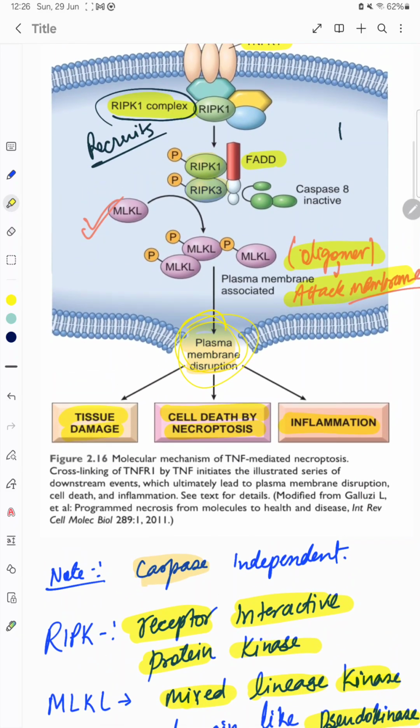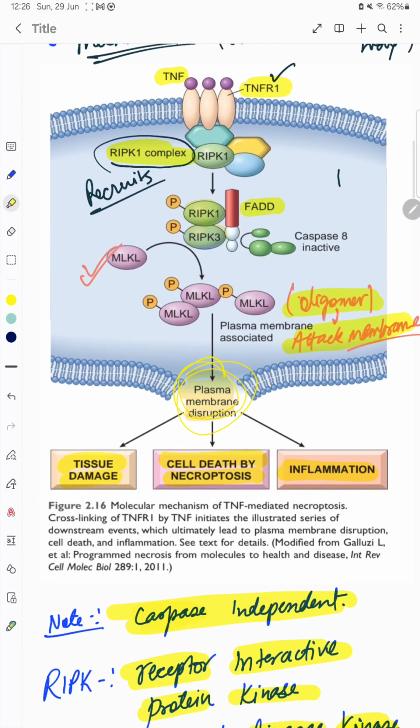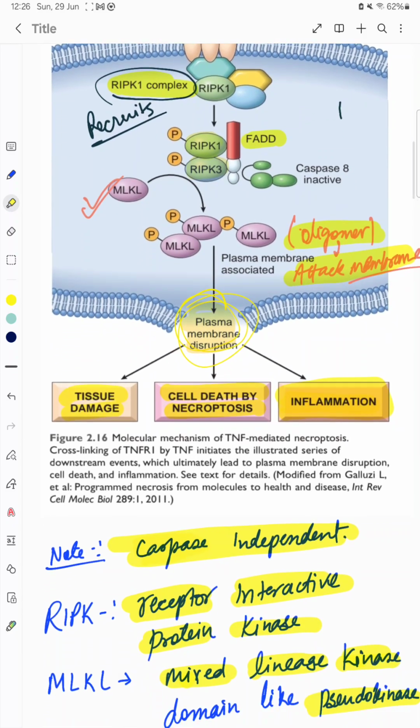So how is this different from apoptosis? Look, this is not dependent on the caspases. Necroptosis is a caspase-independent process, and it is associated with inflammation, which is usually not seen in apoptosis.